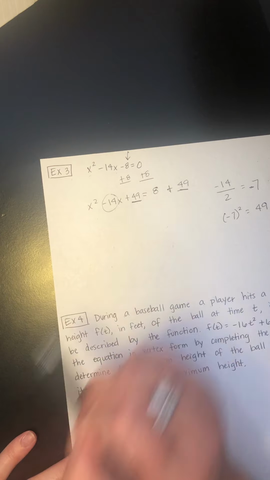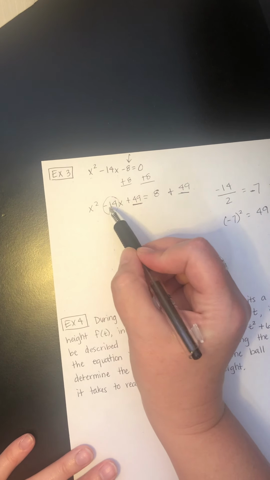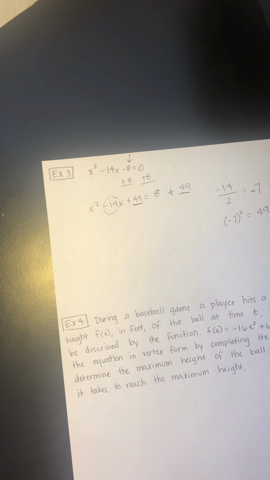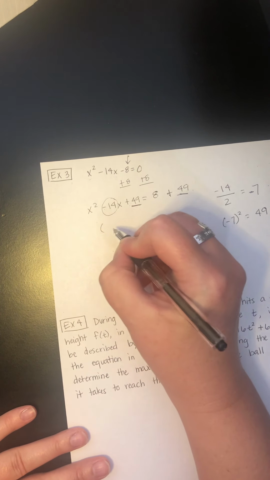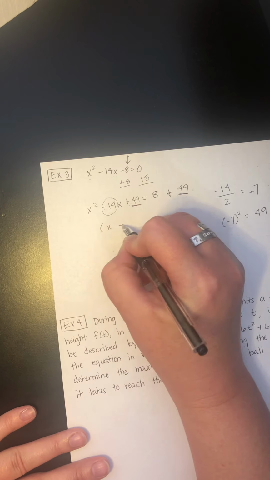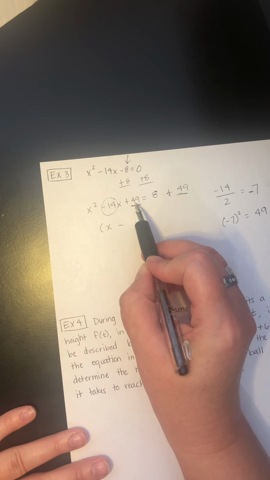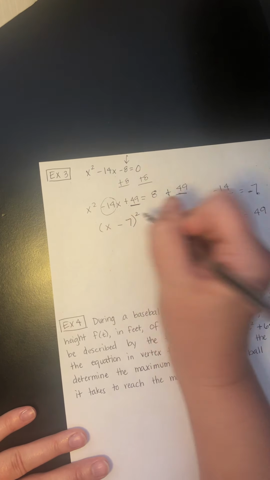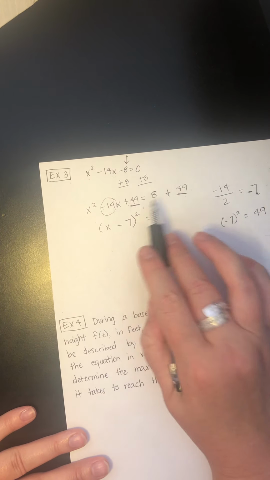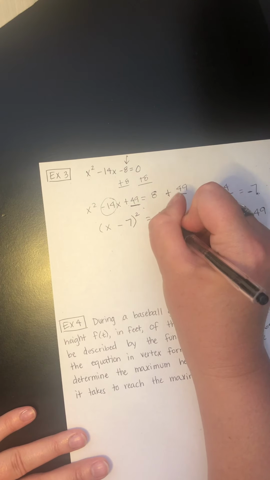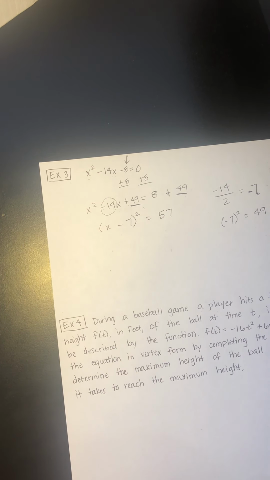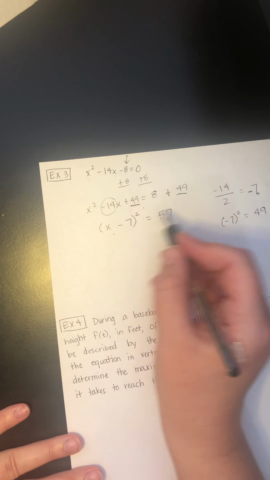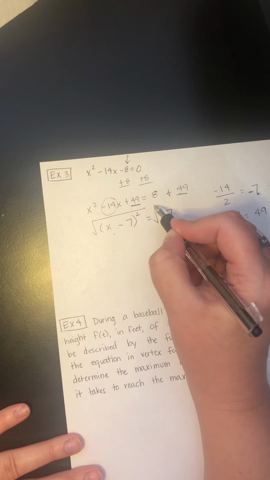Now we can factor it. There's a minus sign here and a plus sign here, so it's going to be a minus b. So in this case, we have x minus, it's not 49, remember it's the answer here, so it's x minus 7 squared. And then 49 plus 8 is 57, you just add that side. So we now have rewritten this, we've completed the square. To solve for x, we're going to take the square root of both sides.